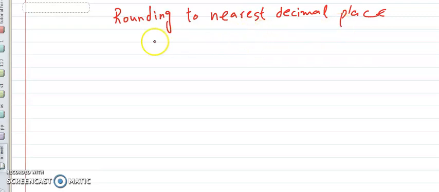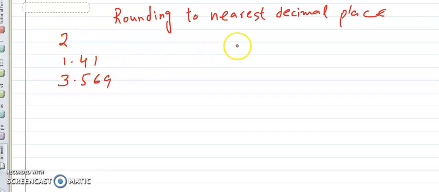Let me say I'm going to write a number here. The number is 2. I'm going to write another number, 1.41. Another number that I'm going to write is 3.569. Now if we look at the number 2, there is no decimal place because there is no decimal part.